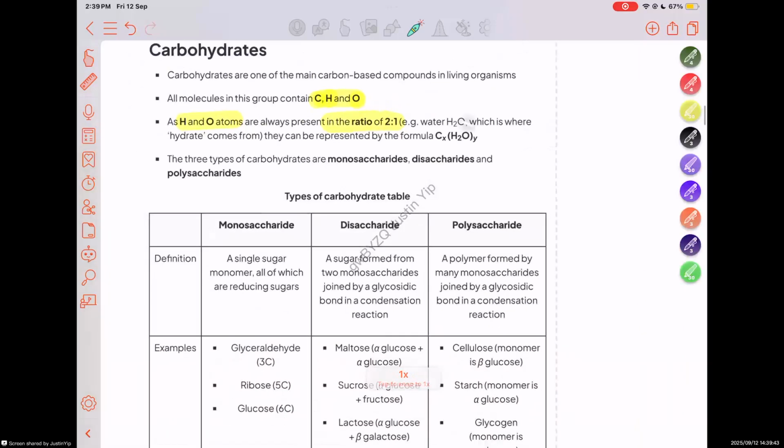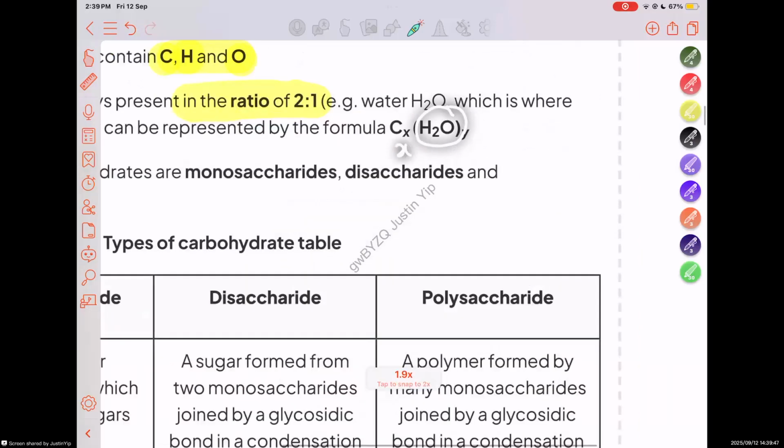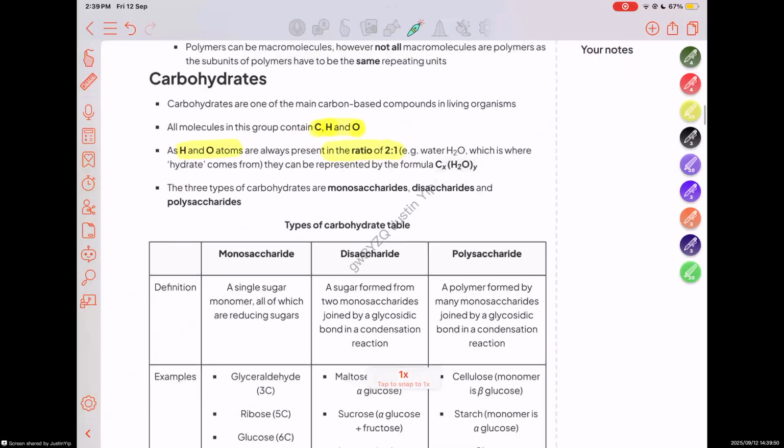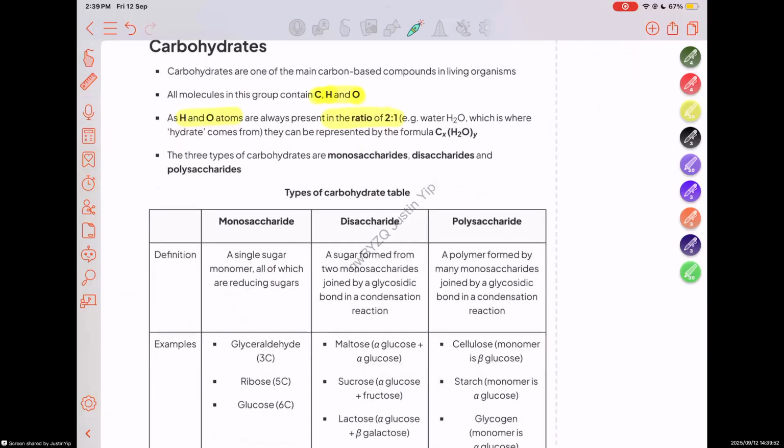You see, I got H2O, and X and Y is the number of each molecule present. So this is for carbohydrates.